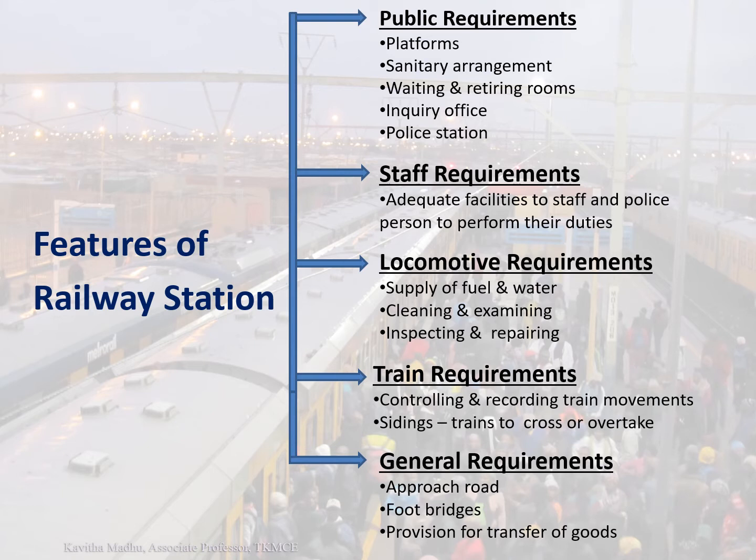There should be separate boards for arrival and departure of trains with platform numbers. Then the availability of coolies on the platform. Then facilities like escalators, waiting halls, underground passage leading to important places of the city, restaurants. So these were the different features that we are expecting in a railway station.